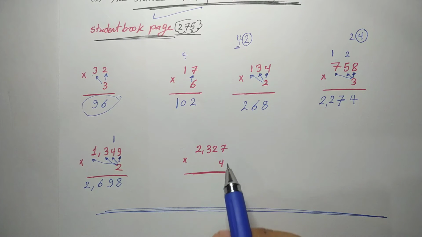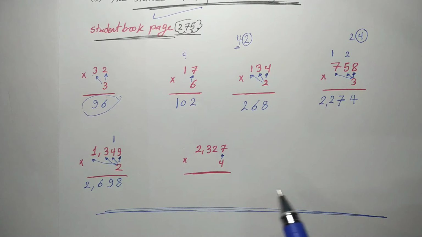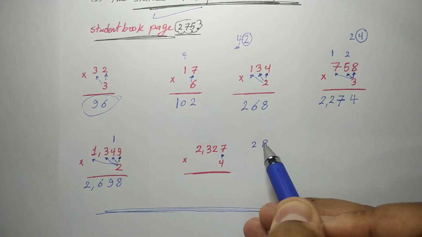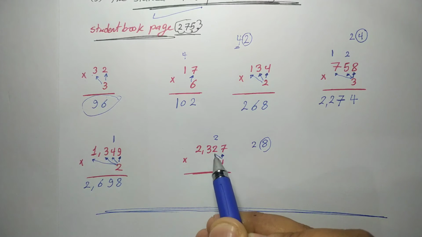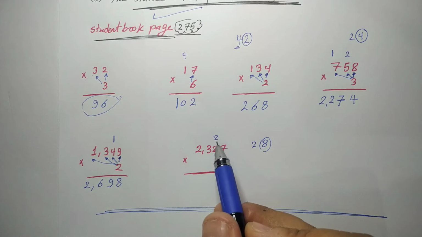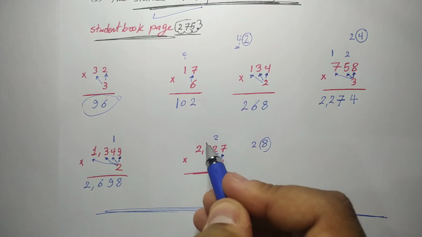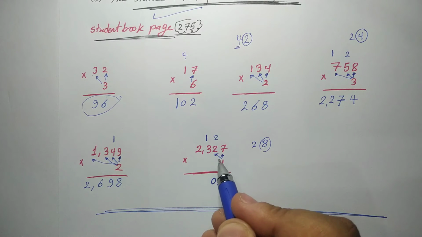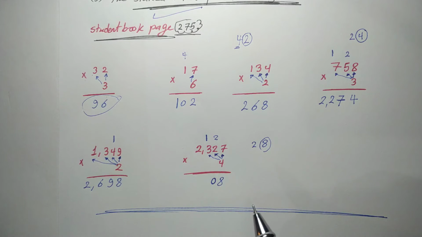Another example, 2,327 times 4. 4 times 7, it will be 28. So I will write 8 and carry up 2. 4 times 2, it will be 8. 8 plus 2, it will be 10. 0 and carry up 1. 4 times 3, 12. 12 plus 1, 13.